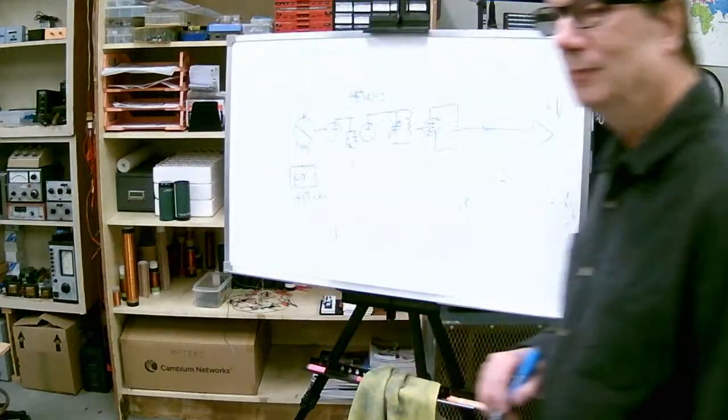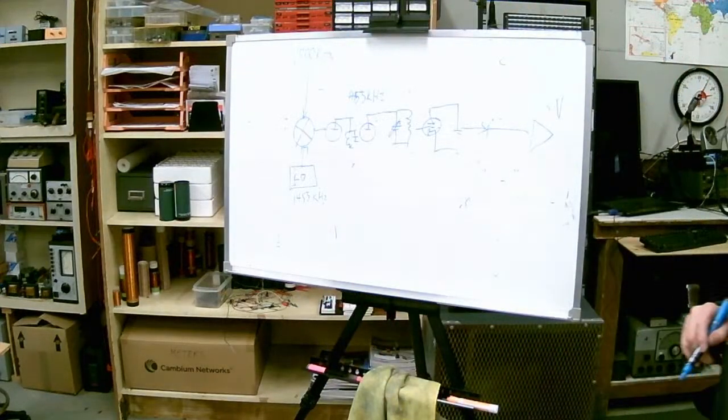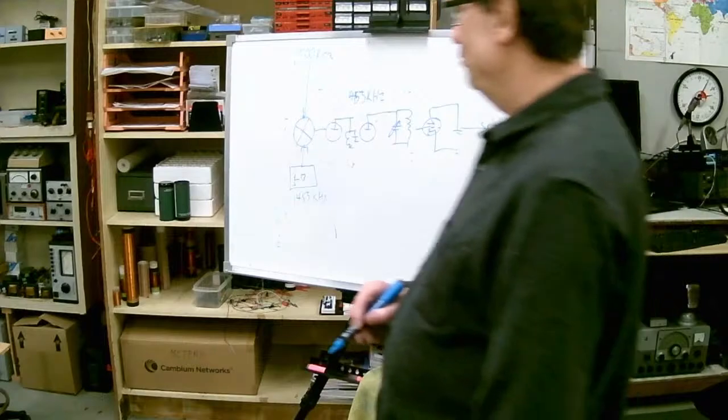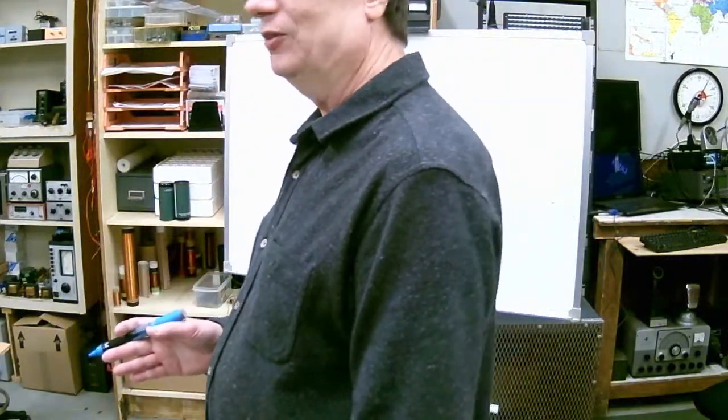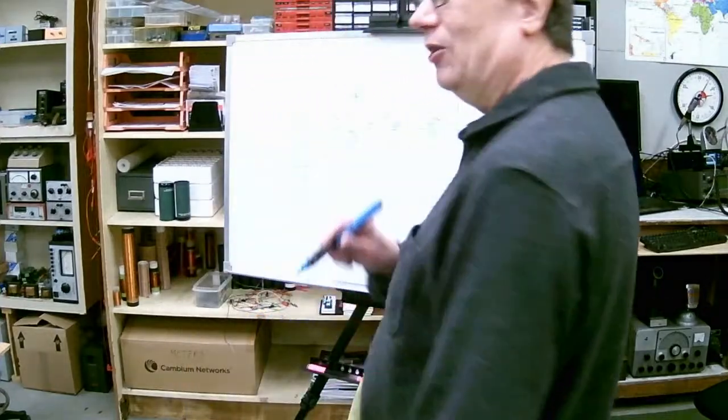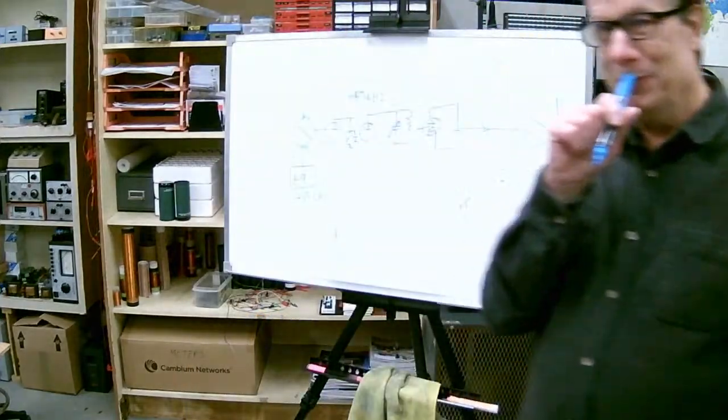Now, since one of the fundamental processes of mixing 2 frequencies together is that we get the sums and the differences, you see where that might create a little bit of a problem here.